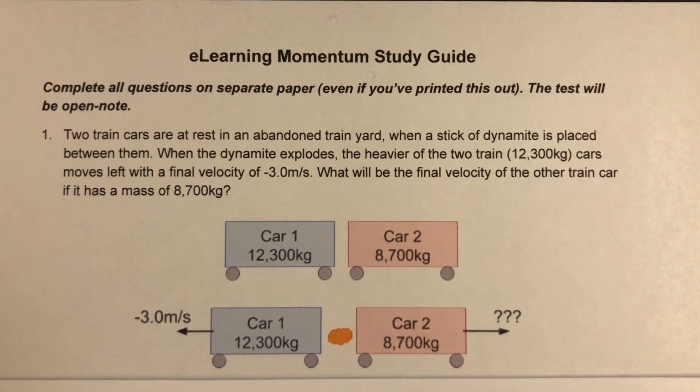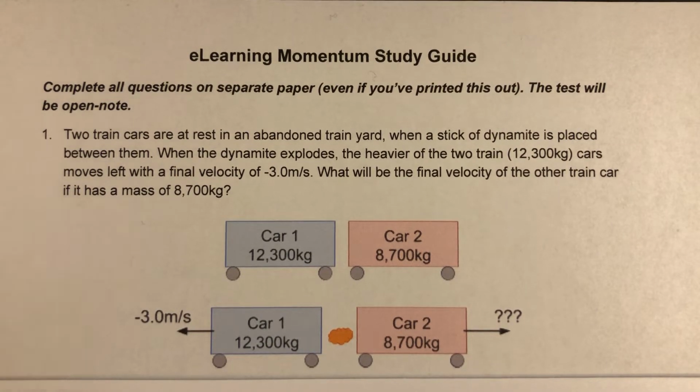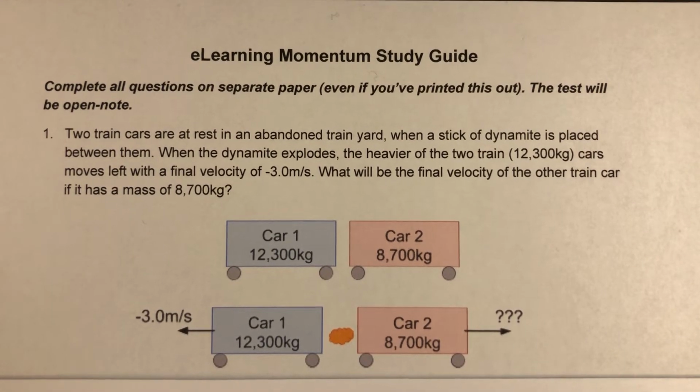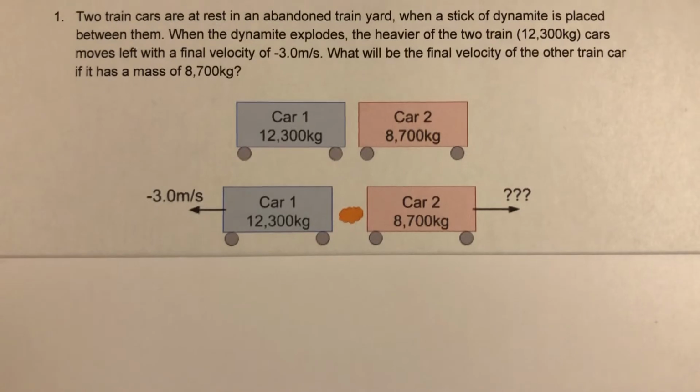2 train cars at rest in an abandoned train yard. When a stick of dynamite is placed between them. When the dynamite explodes, the heavier of the 2 train cars moves left with a final velocity of -3. What will be the final velocity of the other train car if it has a mass of 8,700 kilograms? For all these problems, we're going to use the same equation, just in slightly different ways.